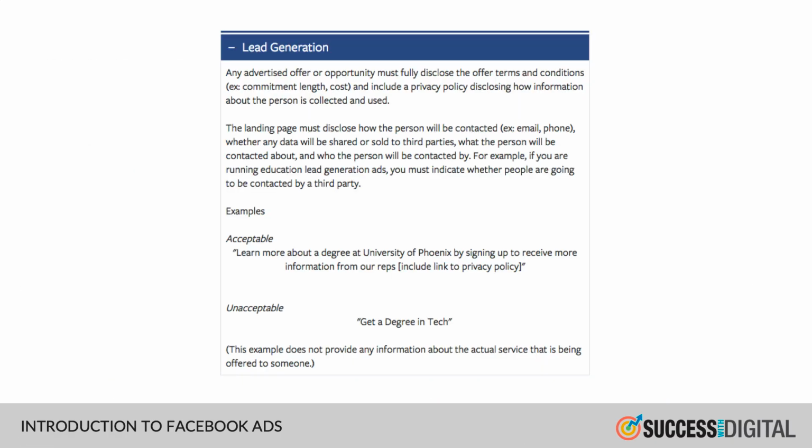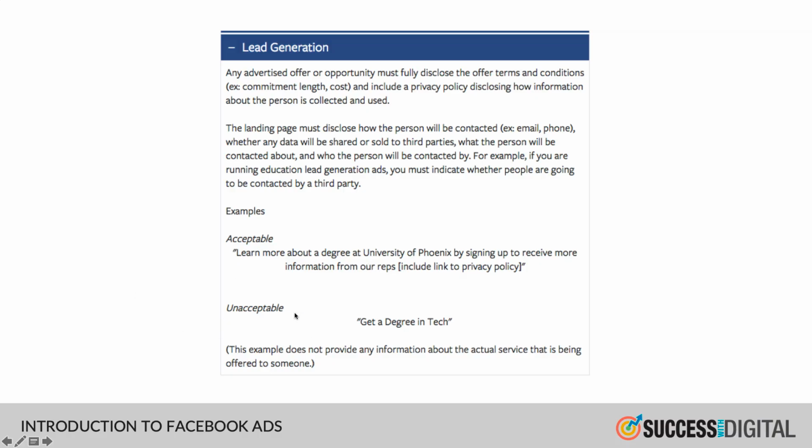For lead generation, you also have to be careful about not making claims. In this example, it's talking about the University of Phoenix, where you can't make a claim that something is guaranteed. In this instance, they're talking about getting a degree. An acceptable copy would be: learn more about a degree at the University of Phoenix by signing up to receive more information.